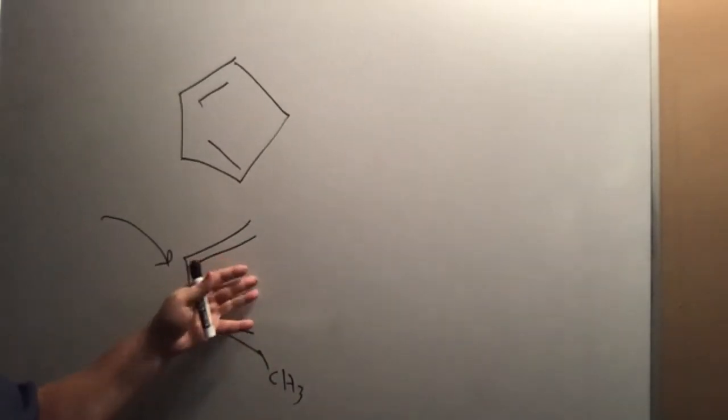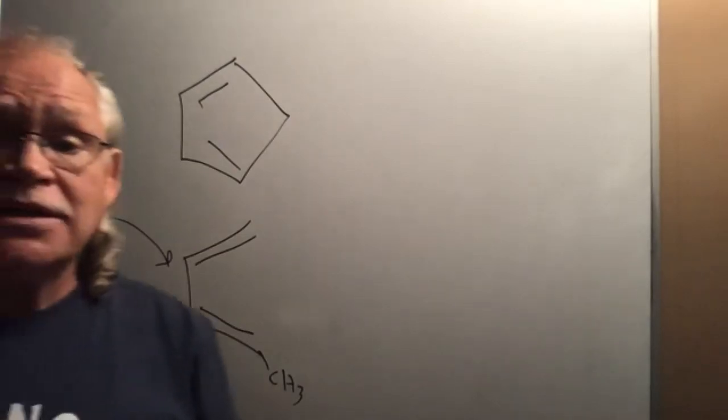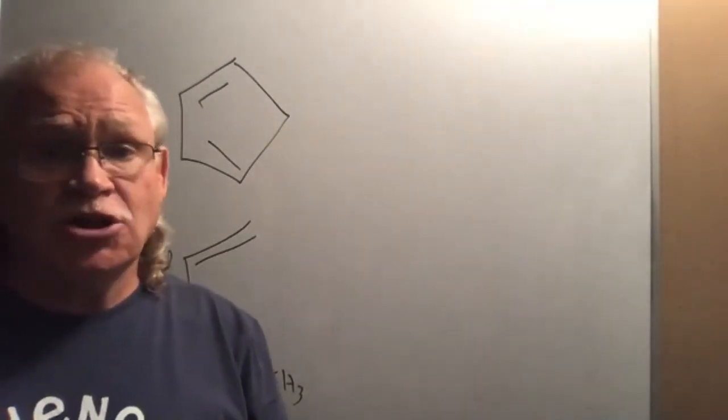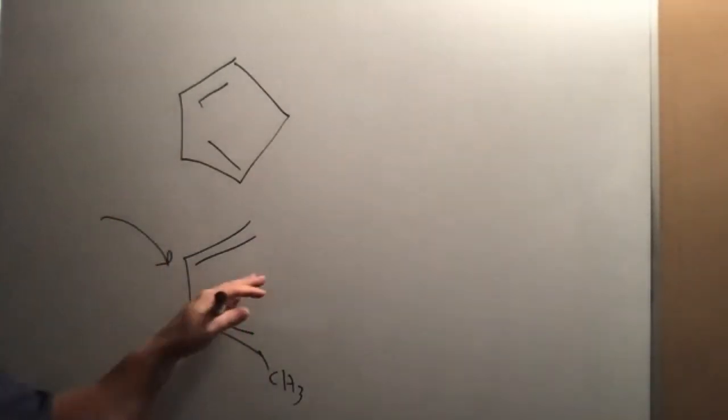But can it rotate out of the S-cis configuration? Could I draw it in the S-trans configuration? And the answer is yes. So only a certain percentage of the molecules are going to be in the S-cis configuration. Didn't we already say the S-trans configuration is more stable? So only a small percentage of the molecules will be in the S-cis configuration.